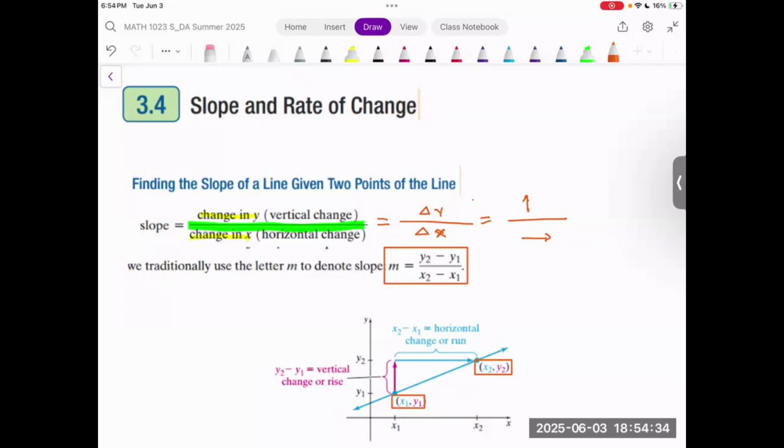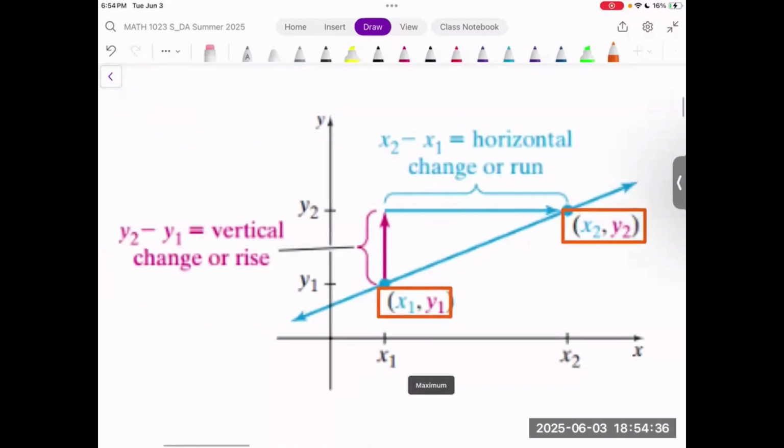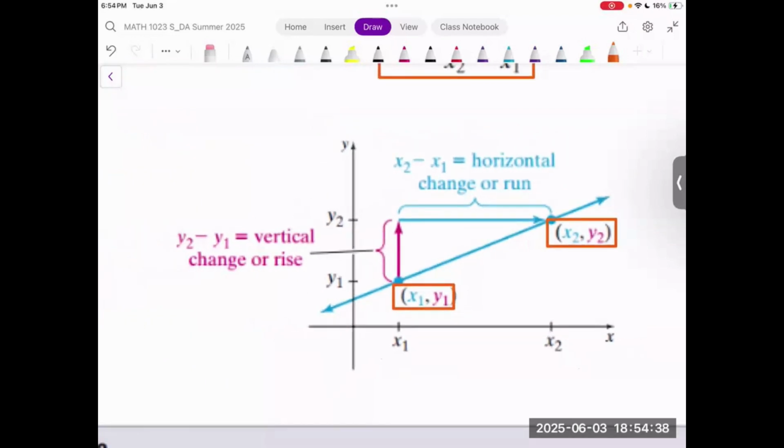Okay, so let's go deeper into this. So you see here, if I do y2 minus y1, if I do the change in y's, which is a vertical change, right? So this is going to be called my delta y. That's the change in the y's, all right? So that's going to be the rise, by the way, right?